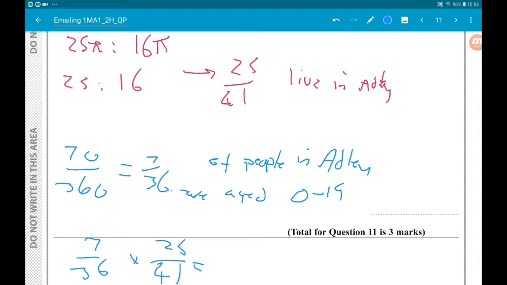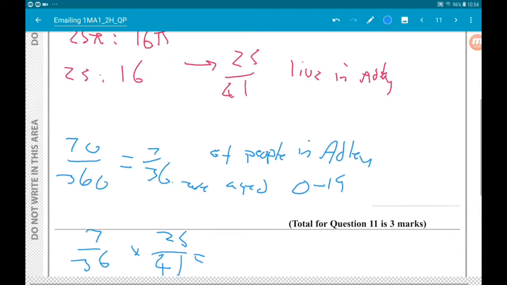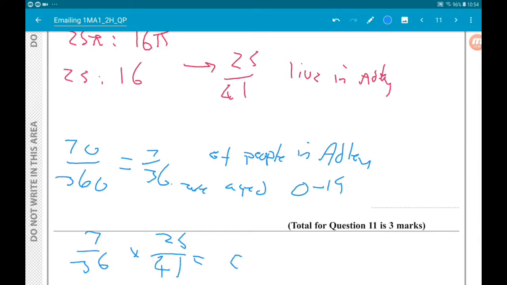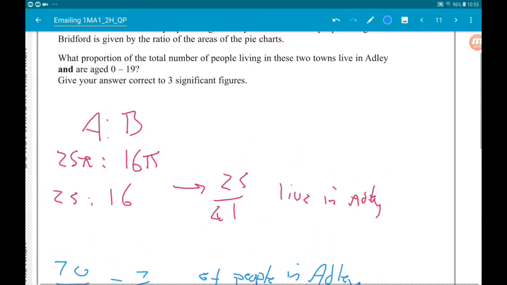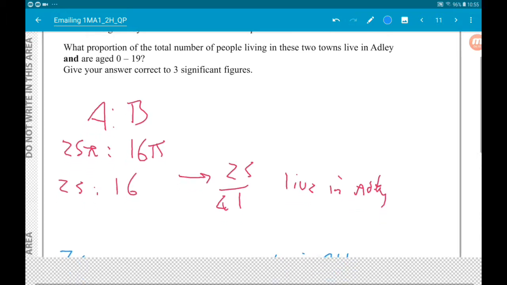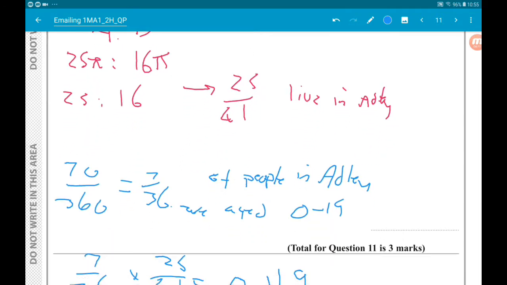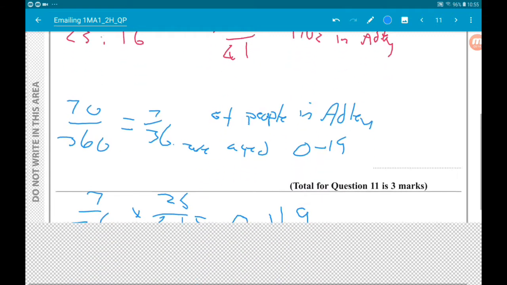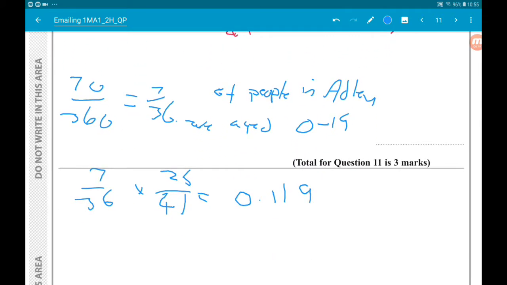Okay, so we get 0.119. Now, how did it ask for it? It only asked for what proportion, so that would be fine. You could turn it into a percentage, which is 11.9%.